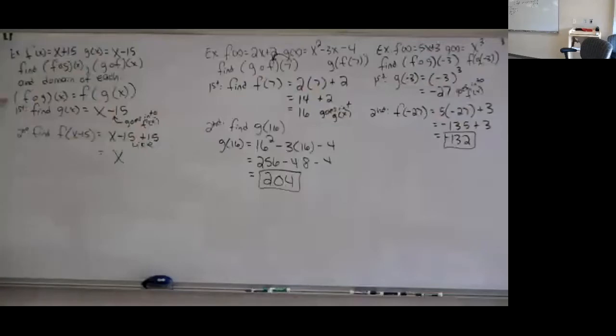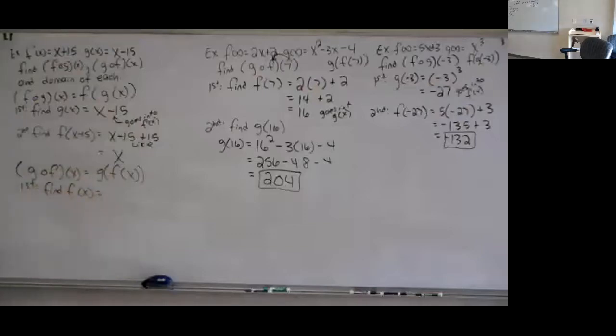All right, now we're going to find g of f of x. That's like a g of f of x. So the first thing we want to find is the f of x.